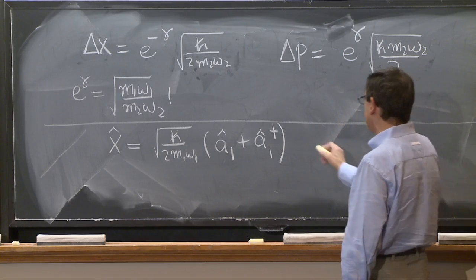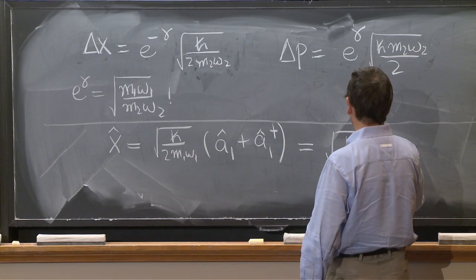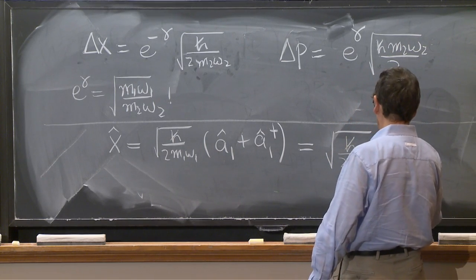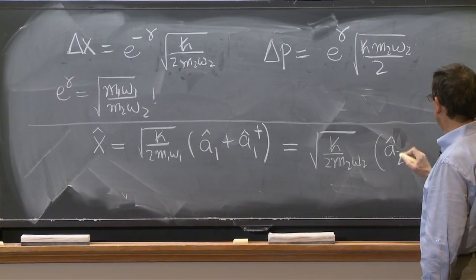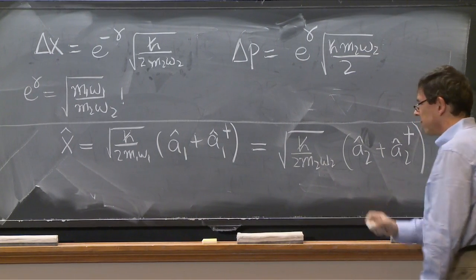But this is the same x describing the same position as you would do in the second Hamiltonian. So m2 omega 2, a2 hat plus a2 hat dagger.